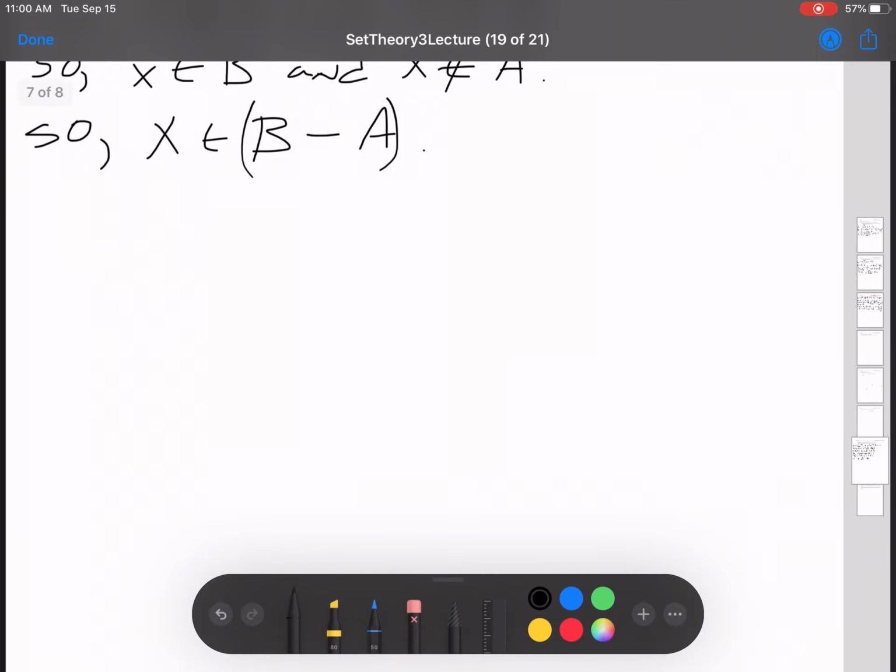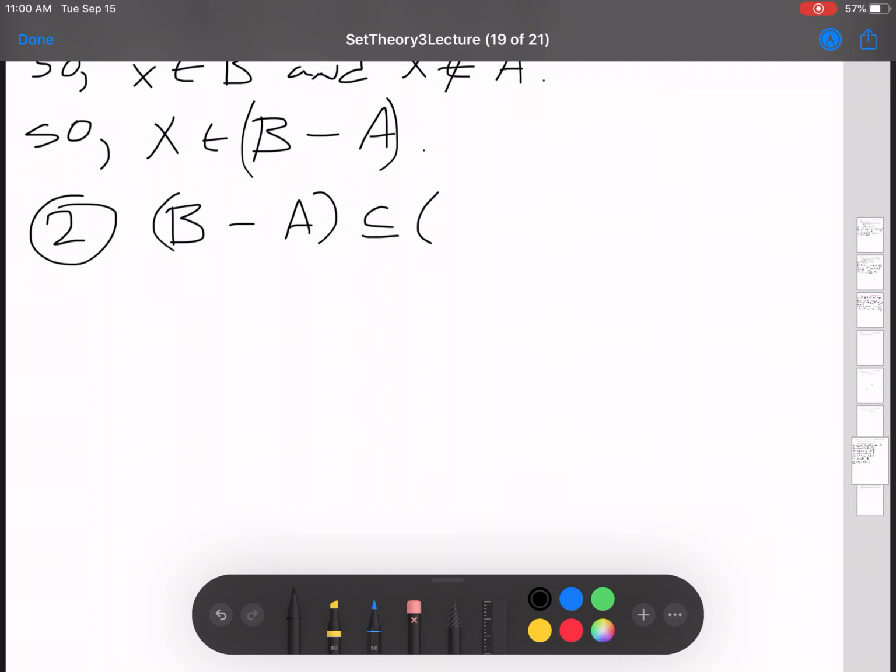Now we're going to prove direction 2. And the thing to notice with this is that the proof here of 2 is really just going in reverse, the reverse of step 1.